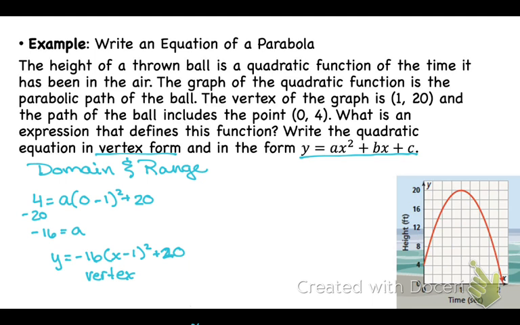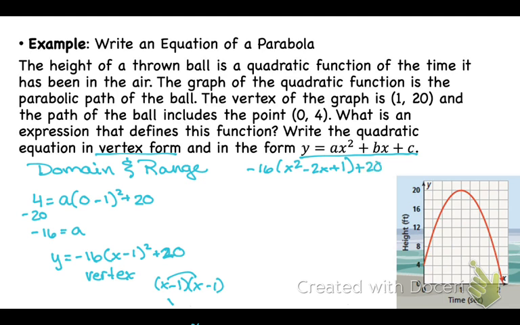So we need to take x minus 1 times x minus 1, because order of operations says I have to do that first, yes? Because it's squared, so I have to distribute it. So that would be negative 16 times x squared minus 2x plus 1, plus 20.